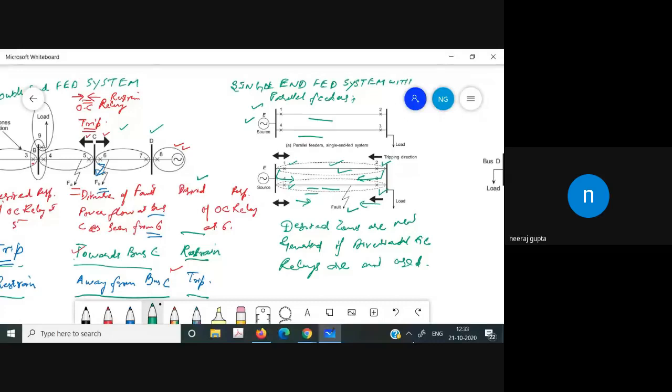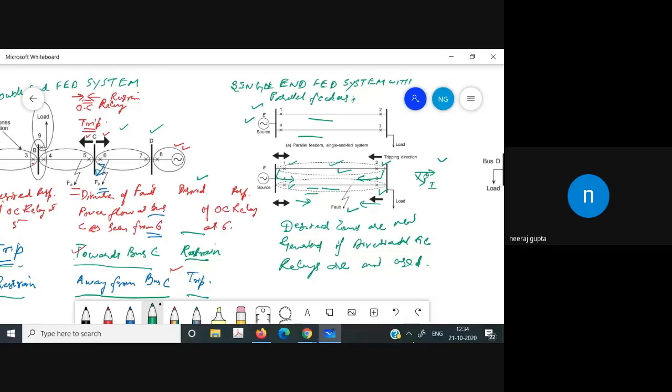Since the directional overcurrent relays are costly as compared to the non-directional overcurrent relay, because in the directional overcurrent relay we will use the PTs also, which are necessary, because they are based on the fact that they will see the angle between the voltage and the current.